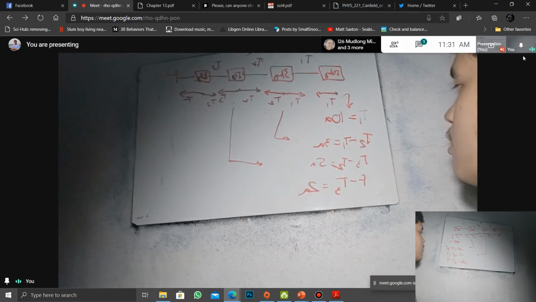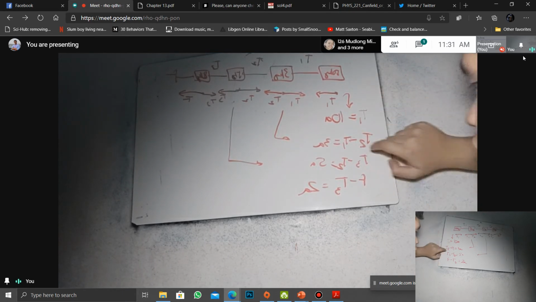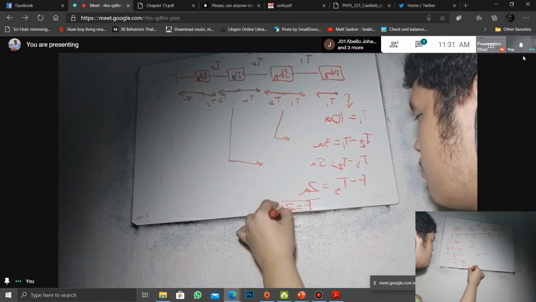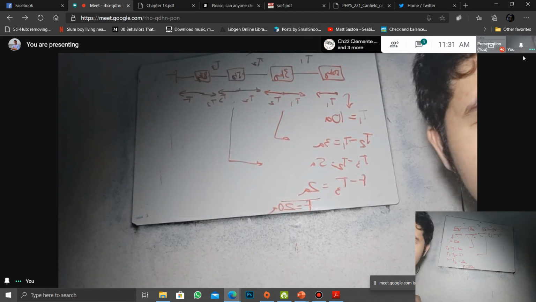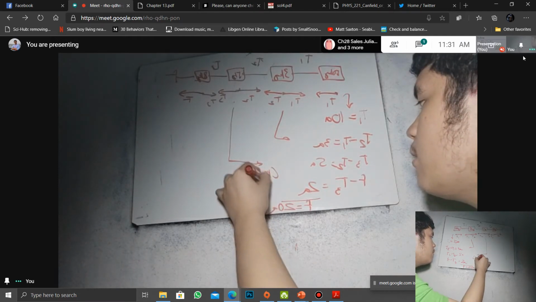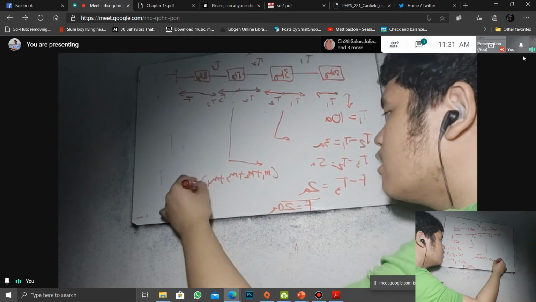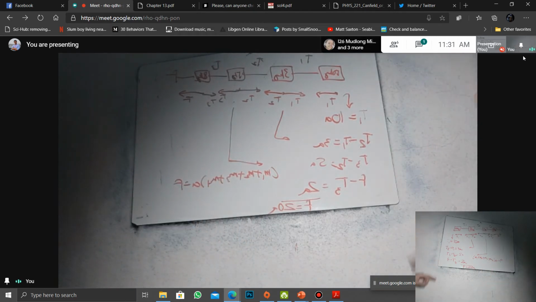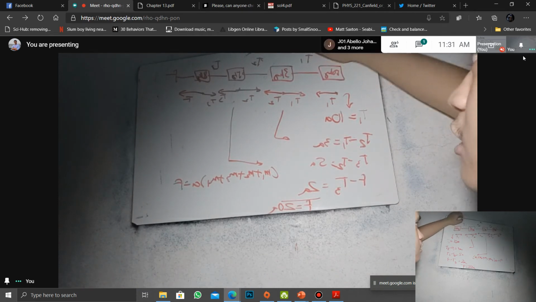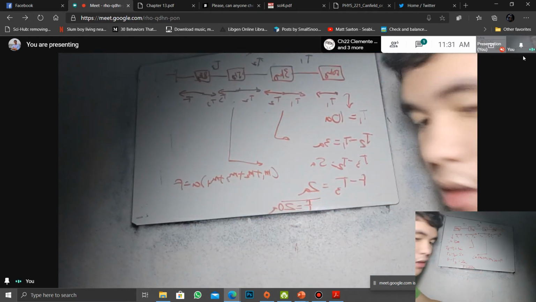Ano mangyayari kapag inadd natin lahat to? Magka-cancel yung mga T. So, we have the net force. F equals 20A. Ano napansin nyo? Di ba? Kung kukunin nyo yung M1 plus M2 plus M3 plus M4 times A, yun din yung net force, di ba? Napansin nyo yun? Okay, that's one of the things dito sa tension. Pag may tension, yung applied force is just the total times acceleration. So, that's a shortcut.